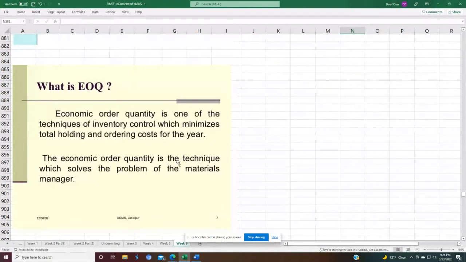We want to minimize that combination as much as possible. So that's what the economic order quantity is going to do.